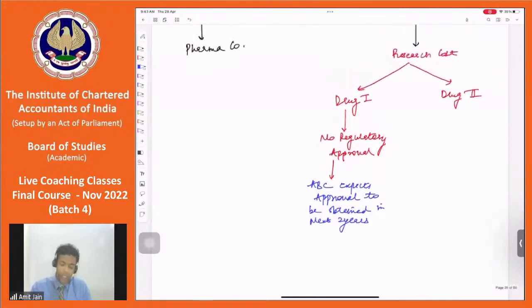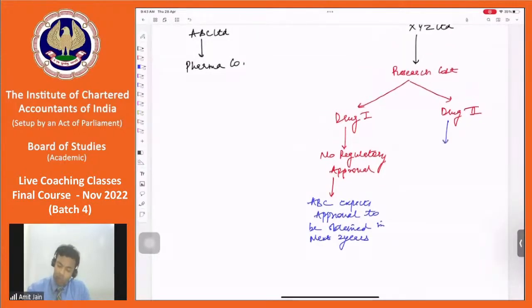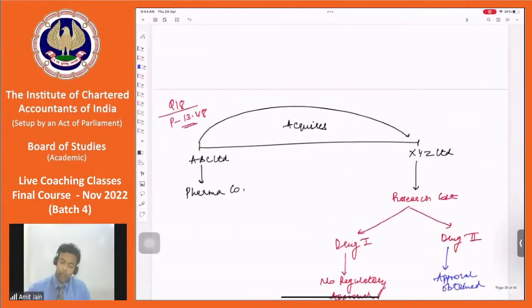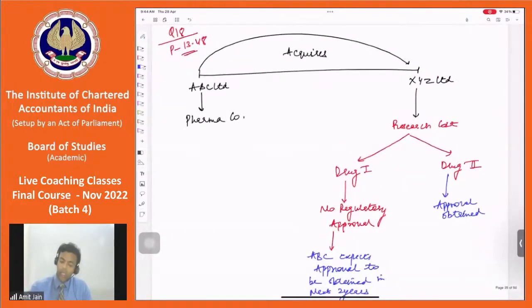The other drug has been recently approved, so approval obtained. Drug revenue earning potential was one of the principal reasons why ABC has acquired. So why has ABC acquired? Because he was able to see the potential in the business, that is, it will fetch a good market, right? That's why ABC has acquired this company.